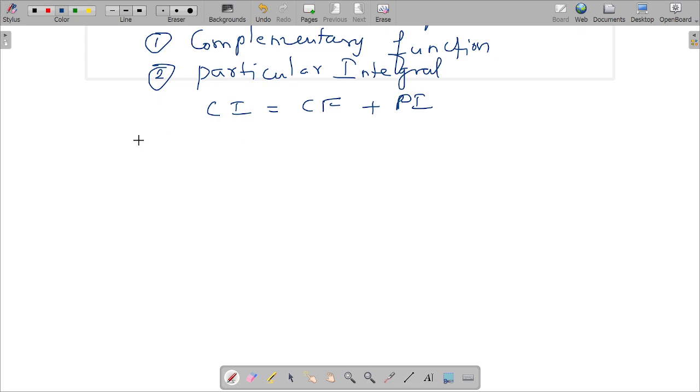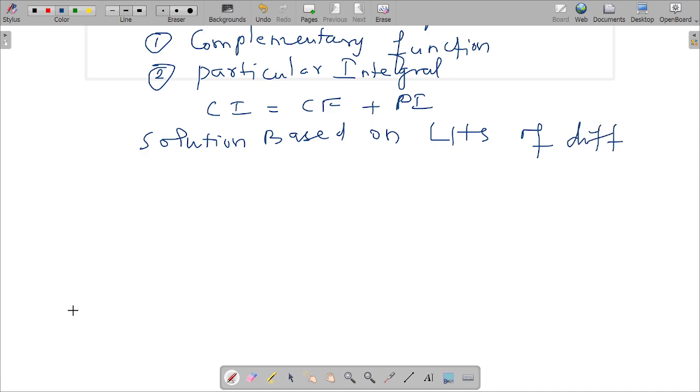The solution based on the left hand side of the differential equation f of D y equal to f of x is the complementary function.